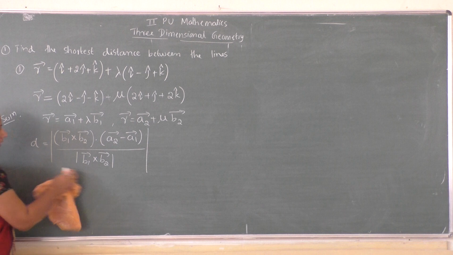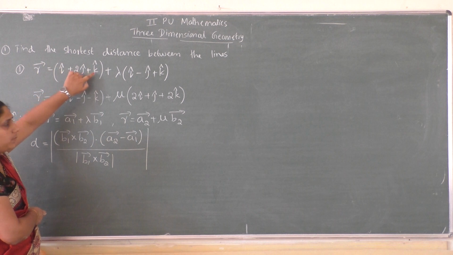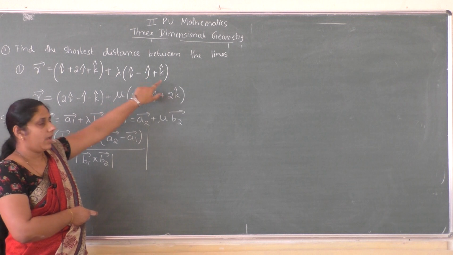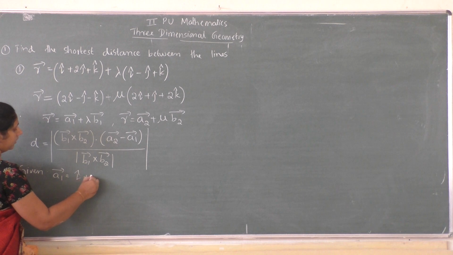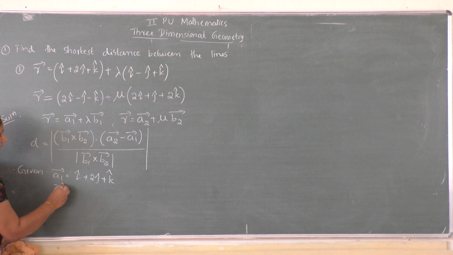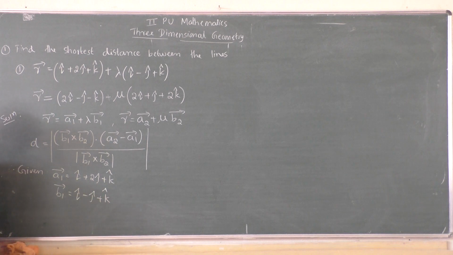So now compare the given lines with the standard equation. Compare the first line with this equation. In the place of a1 vector we have i cap plus 2j cap plus k cap, and in the place of vector b1 we have i cap minus j cap plus k cap. So write the given data: a1 vector is i cap plus 2j cap plus k cap, and vector b1 is i cap minus j cap plus k cap.